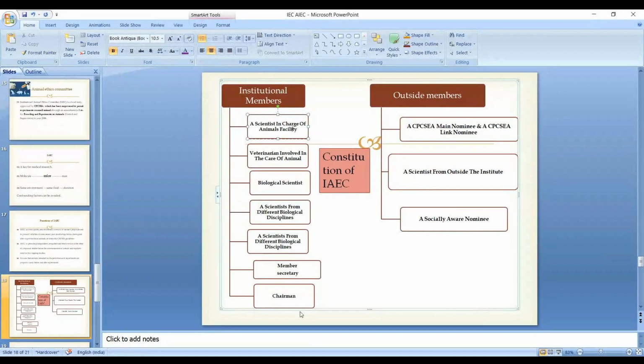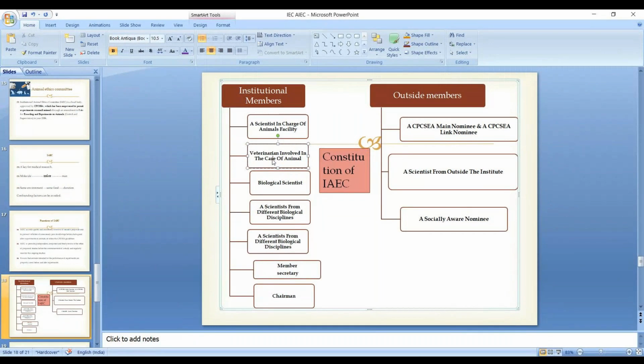Apart from the chairman and member secretary, a scientist from different biological disciplines, a biological scientist, and one veterinarian should be there, and an in-charge of the animal facility, who is taking care of all the animals.